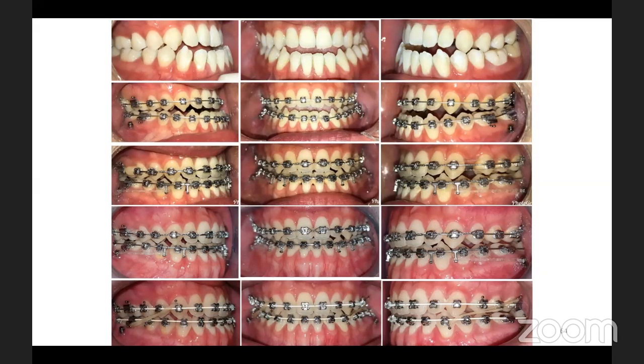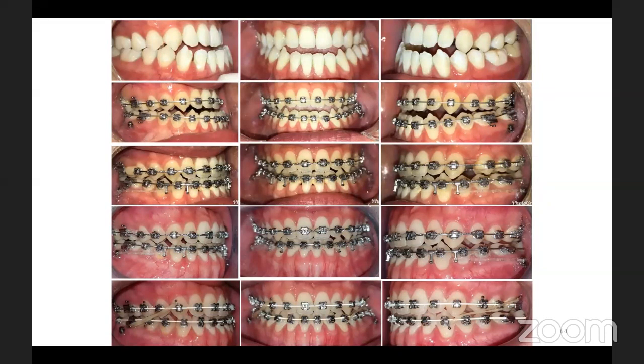One thing we must understand is nobody can correct a 5 or 7, 8 millimeter class 3 just by distalizing the lowers. Class 3s are always going to be corrected as a function of protruding the upper incisors, retruding the lower incisors, retracting the lower incisors, and at the same time, clockwise rotation of the mandible.